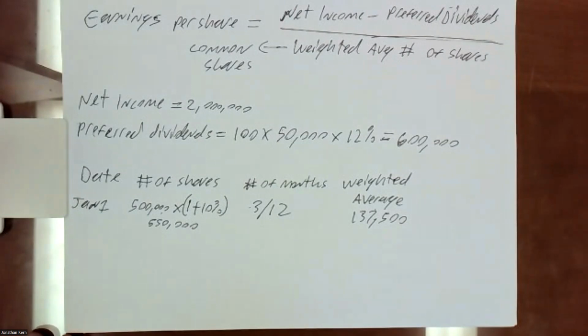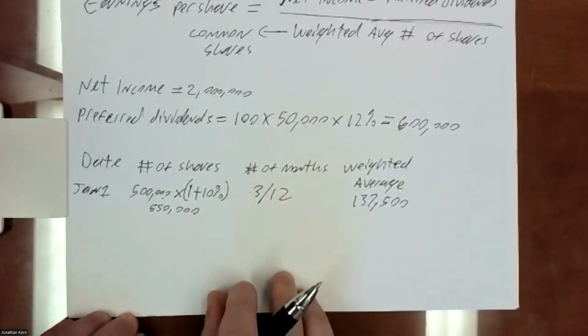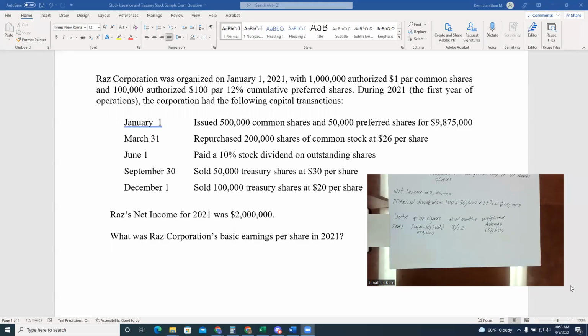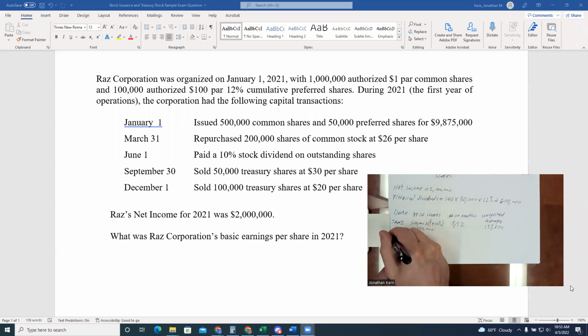And that's what we would do for the January 1st through March 31 time period. Okay, now on March 31st, they repurchased 200,000 shares of common stock.